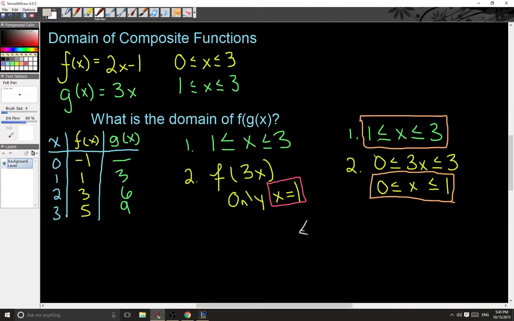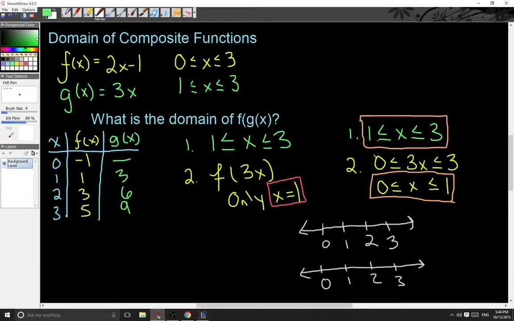So let's just draw some number lines. Try to make them line up.